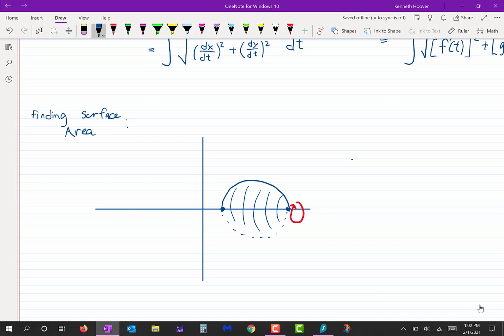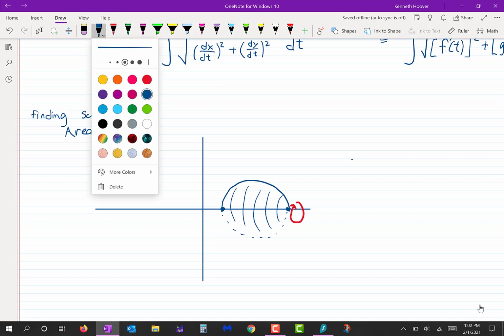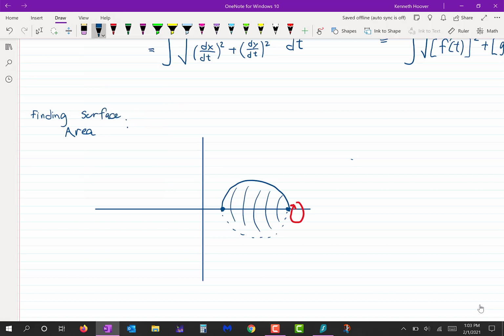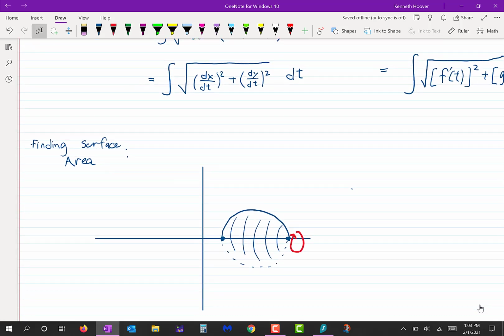Okay, now to find the surface area of that, I don't know if you remember learning that or not, but the nice thing about surface area, we always teach after arc length, because calculating the surface area starts with writing down the arc length function and then just putting an extra little bit onto it.